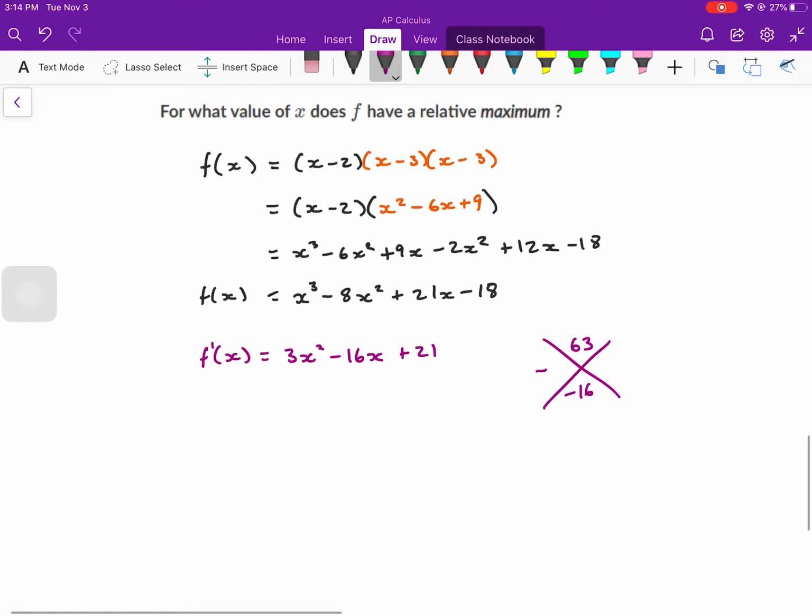That does make sense. So negative 9 and negative 7 multiply to 63 and add to negative 16. Then we're going to divide each of those by 3. So our factors will be x minus 3 and 3x minus 7.